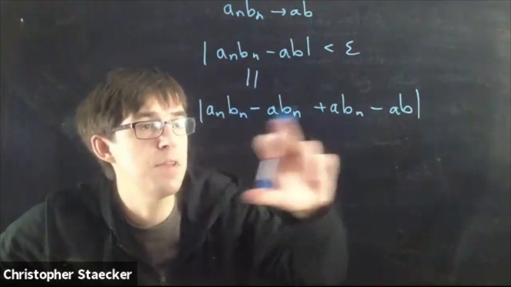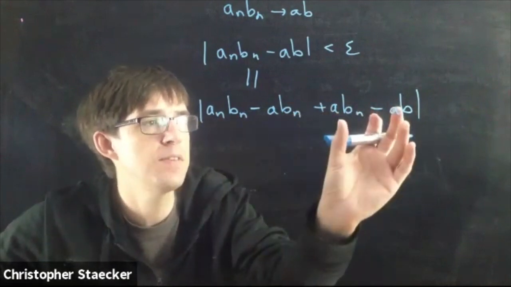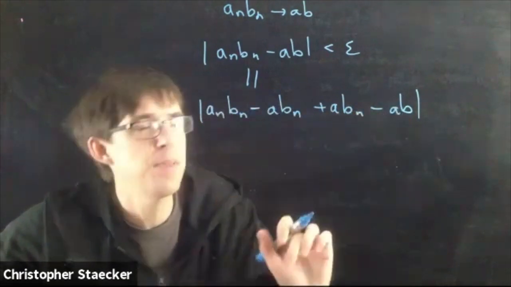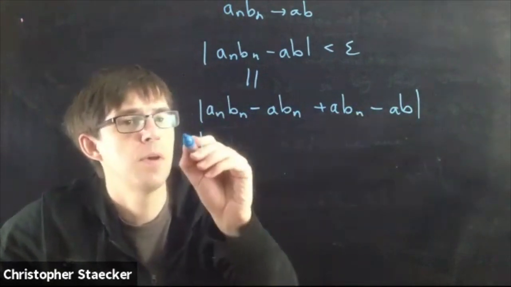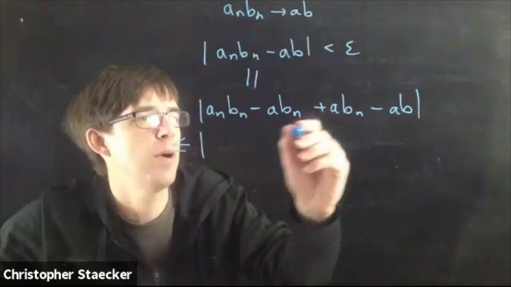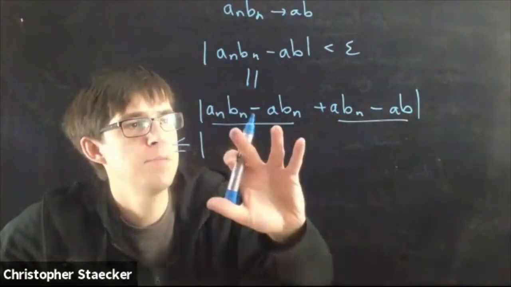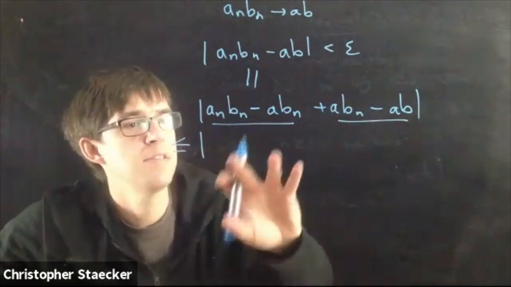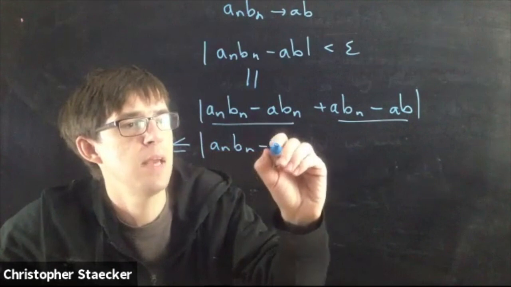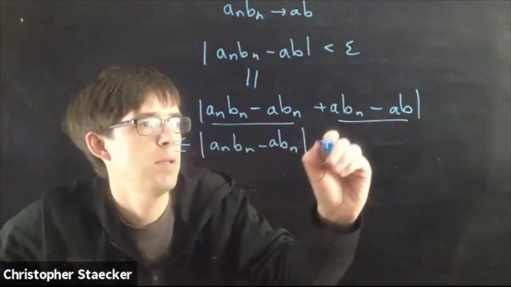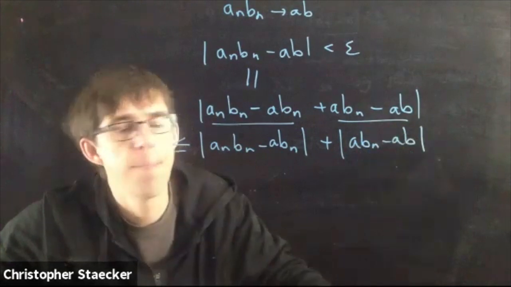And so the trick here is now we can break it into two parts, each of which can factor something out of it. By the triangle inequality, I'm going to break this absolute value part. The absolute value of two things added together is less than or equal to the sum of each of those two things in absolute value. So the absolute value of an bn minus a bn plus the absolute value of a bn minus ab, like that.